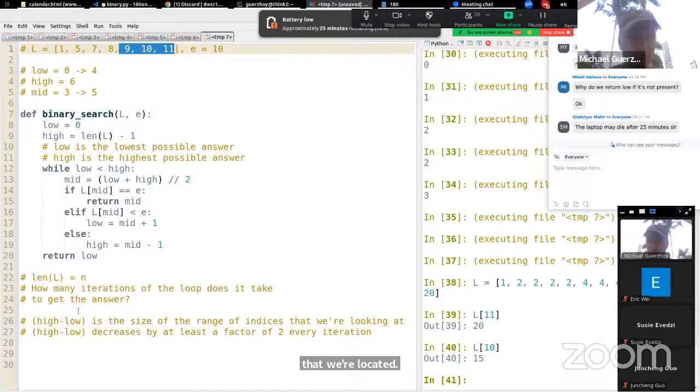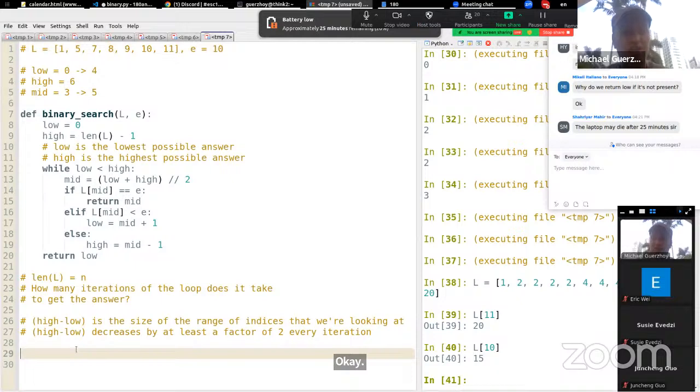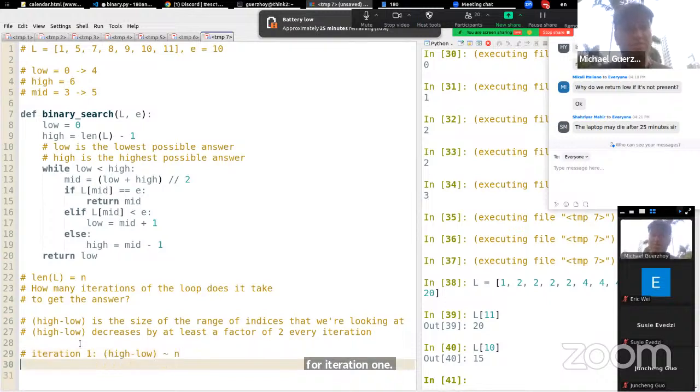So what does that mean? It means that for iteration 1, high minus low is approximately n. And then for iteration 2, high minus low is smaller, I'm going to say approximately, than n over 2.